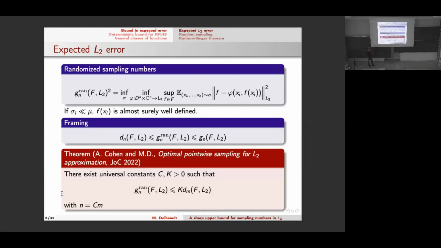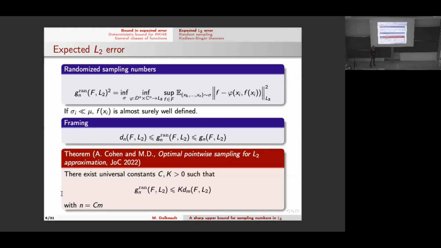And then I will look at the error for a function f when I take the expectation of the L2 error with respect to this distribution sigma. Okay, so here what it says is that for a given f, with high probability in some sense, I'm doing a good reconstruction.